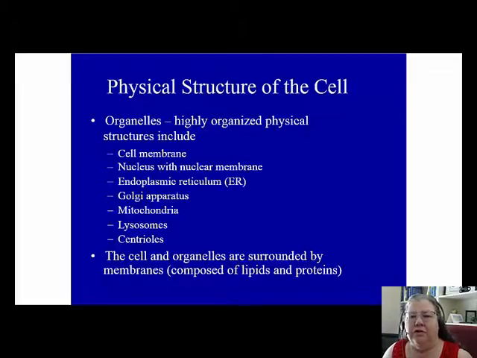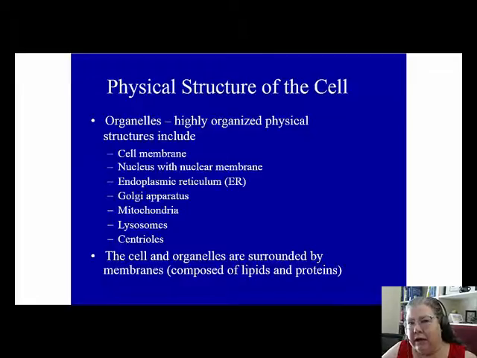The physical structure of the cell, as I said, is that we have the cellular membrane. Within the cellular membrane is the cytosol. Within the cytosol are a number of physical structures that we call organelles, and we'll talk about what many of the organelles do.